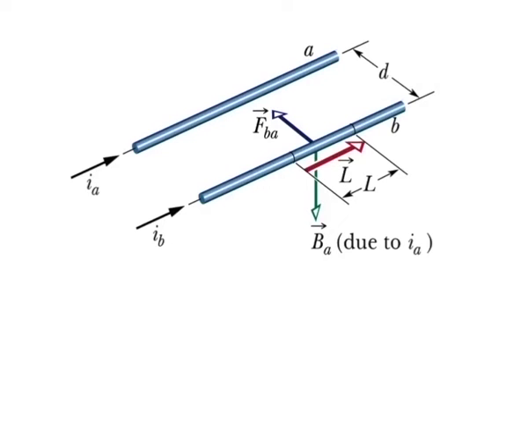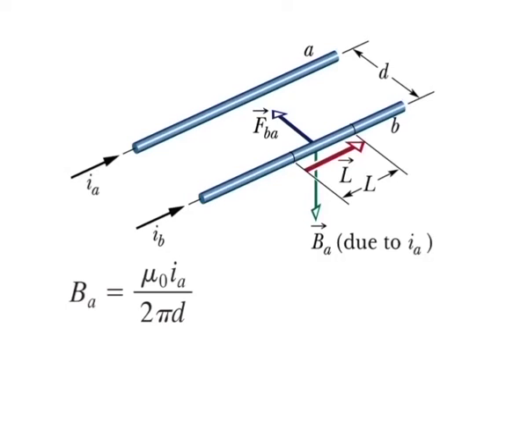The magnitude of magnetic field at every point of wire B is then BA equals μ0 IA divided by 2πd. The curled straight right hand rule tells us that the direction of magnetic field due to wire A at wire B is down.